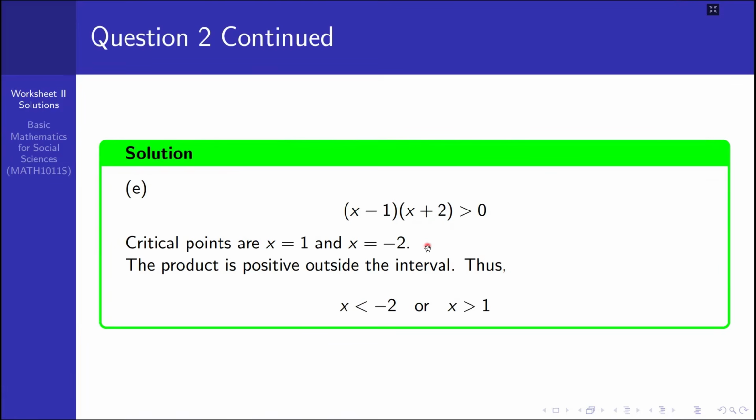Therefore, the product is positive outside the interval. Outside the interval means when x is less than -2 or x is greater than positive 1. We can apply the same property that we applied in the first quadratic inequality.